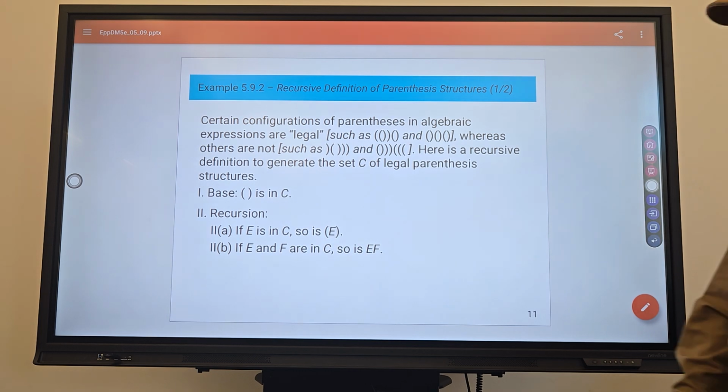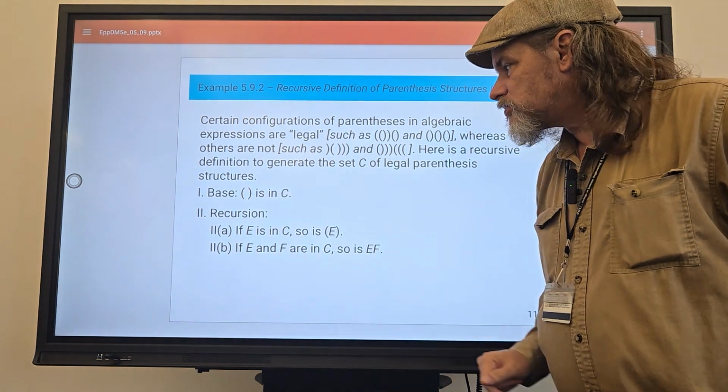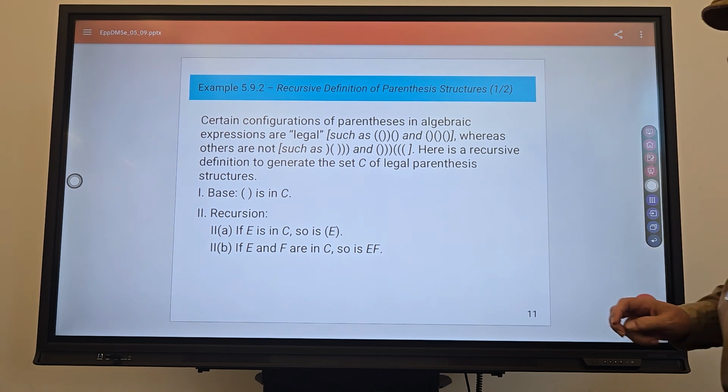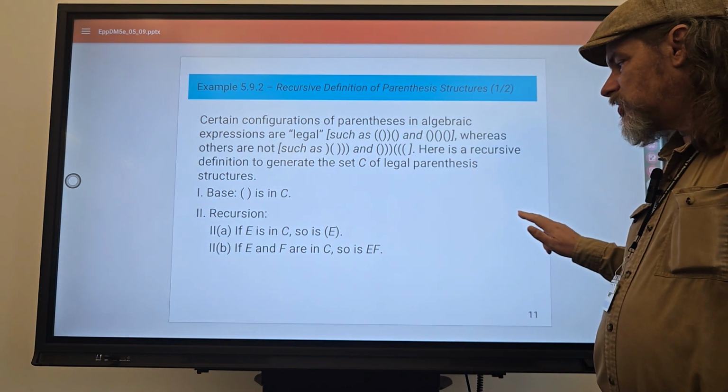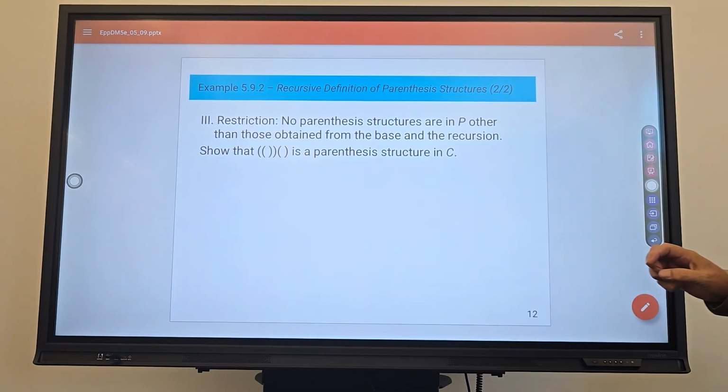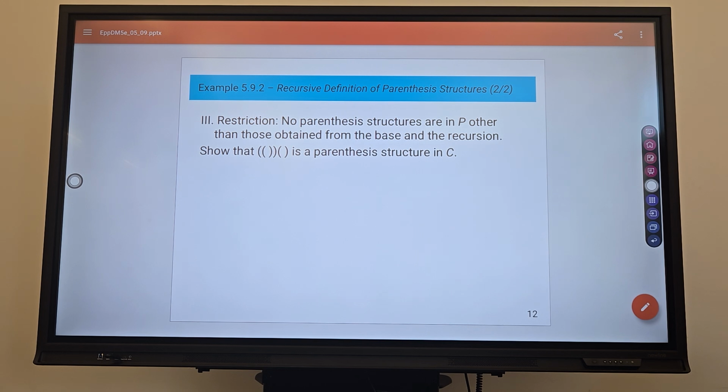Base: open and close parentheses is in C. Recursion: if E is in C, so is E in parentheses. If E and F are in C, so is EF. Restriction: no parentheses structures are in C other than those obtained from the base and the recursion.